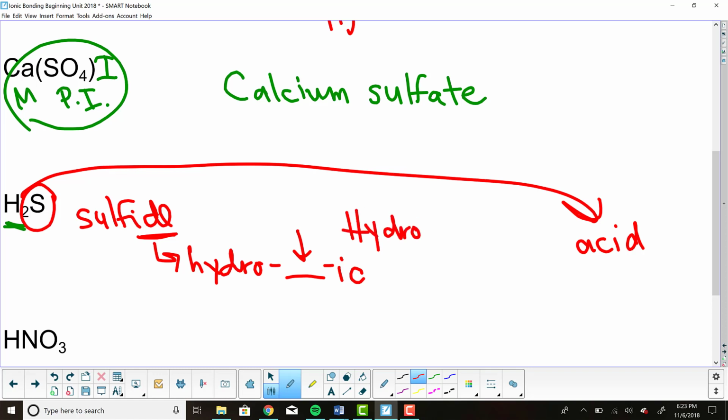Hydrosulfuric acid. Again, this is one of those weird examples where maybe you thought to write hydrosulfic acid, and really that's fine, because if we look at our stem over here, we would cut it off at the sulf. But some things we just name because they sound good, and so this is going to be hydrosulfuric acid.